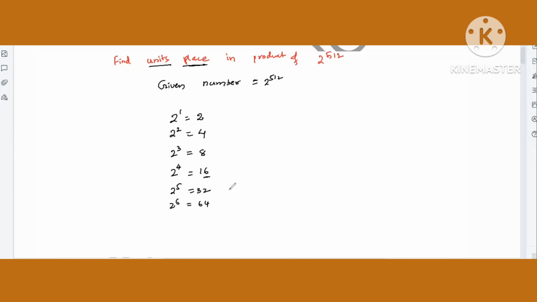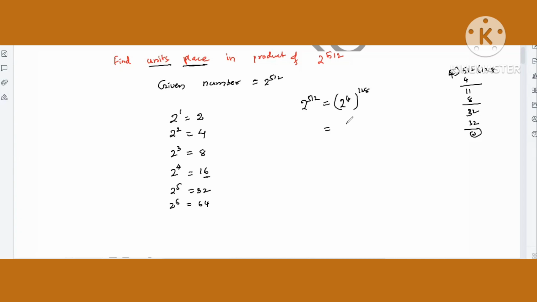So 2 power 512 we can write as 2 power 4 into something, so if we divide 512 by 4: 5 ones are 5, 4 ones are 4 and remainder 1, 4 twos are 8, 4 eights are 32. So we get 128. So 4 into 128 is 512.